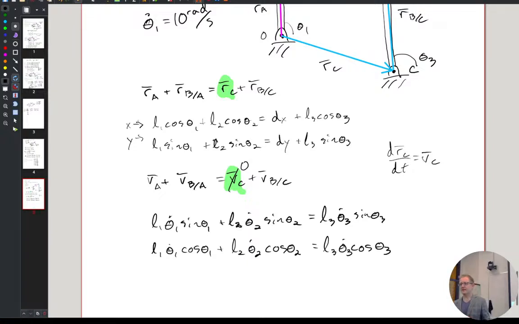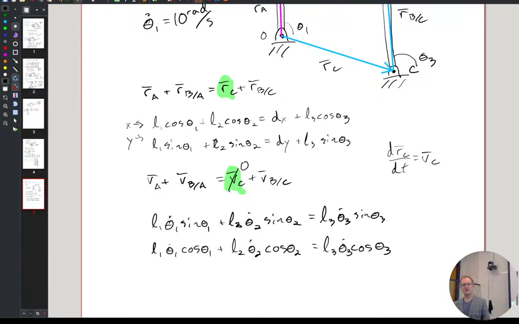And it's the same equations that we just solved in the last one. We didn't actually do anything new. It's just we've already seen this.